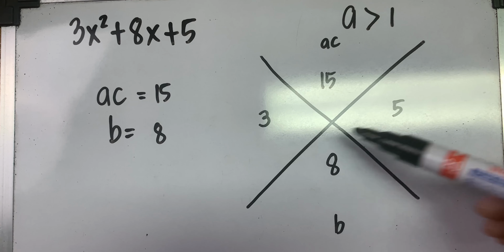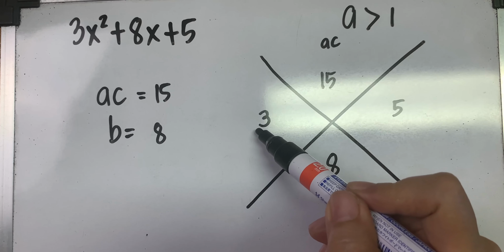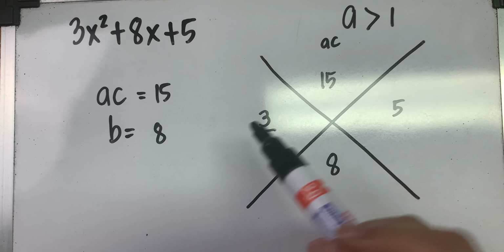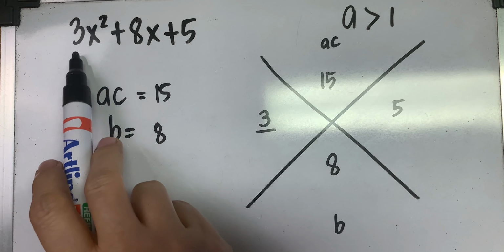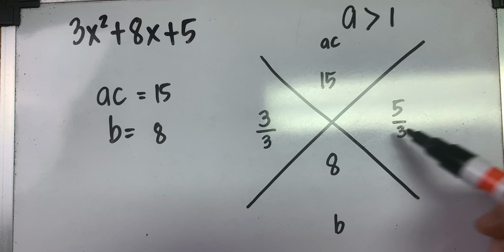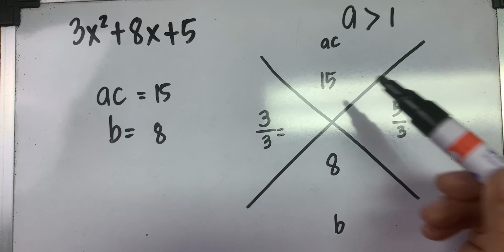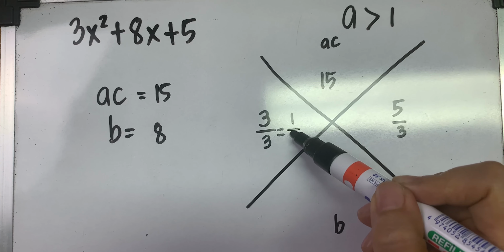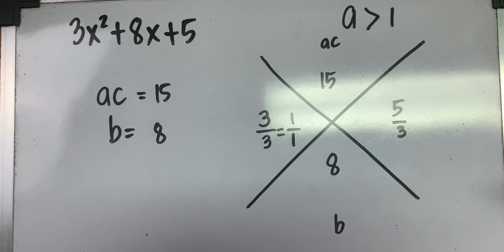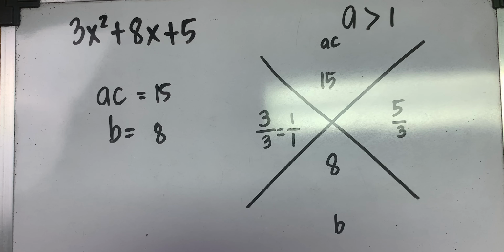But, hindi pa yan yung final answer natin. I-divide natin siya by the coefficient of x squared which is our a. Ang a natin is 3. Ganon din dito. Okay? So, i-reduce natin to sa lowest term which is 1 over 1. Ito, hindi na natin marireduce kasi ano na siya, reduce na siya. Okay?